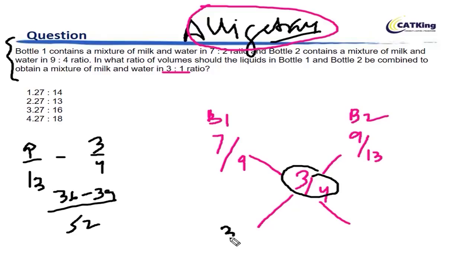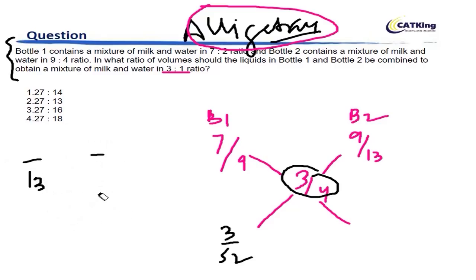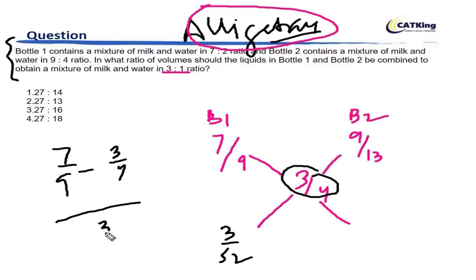So this is 3/52, right? Now if 3/4 is more than 9/13, 7/9 should be more than 3/4 for the alligation to be valid. 7/9 minus 3/4, you take 36 as the LCM. Now this becomes 28 minus 27, so this is 1/36.